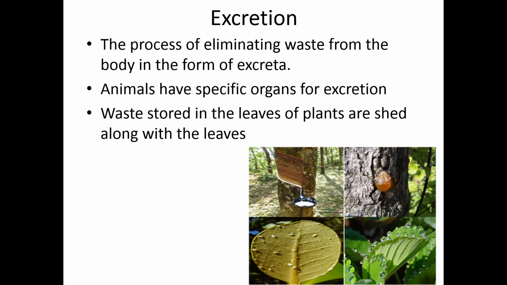Resin is also a gummy substance that is secreted by some plants. I'll go to the bottom left picture and also the bottom right picture, both showing droplets. Now what are these droplets? These droplets are also the waste that is excreted in the form of water droplets, which is removed from the leaves of the plants.